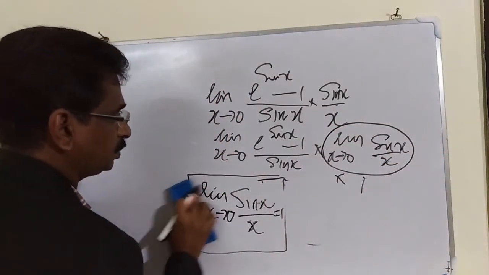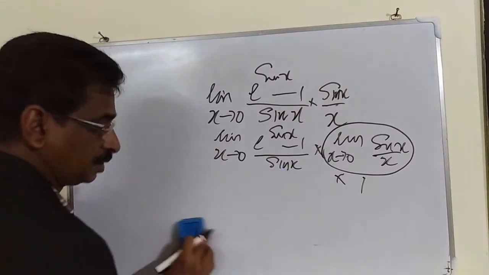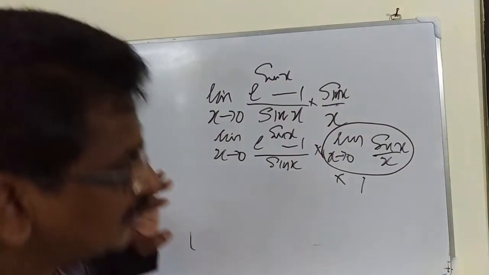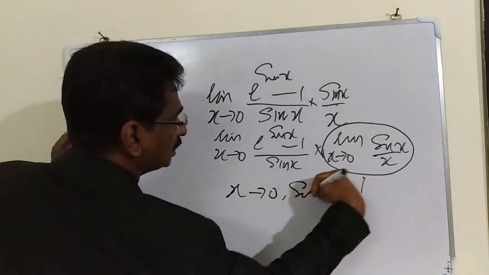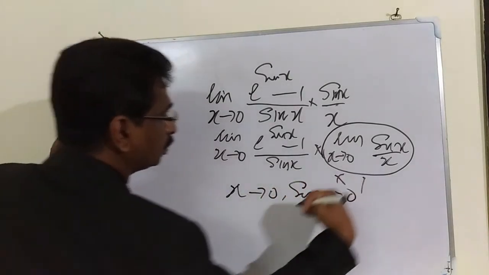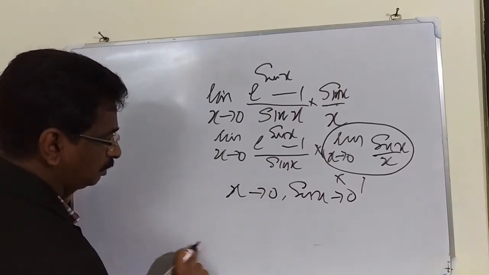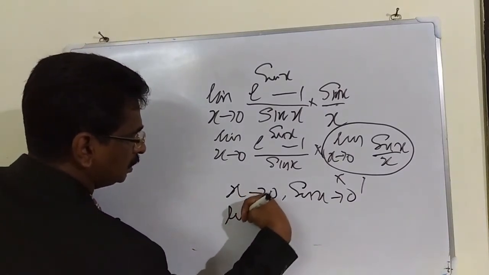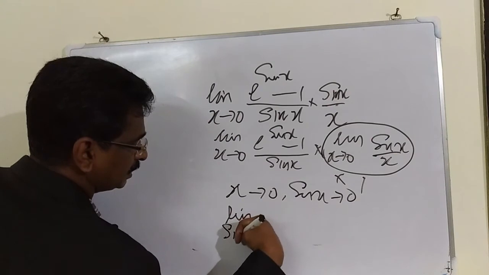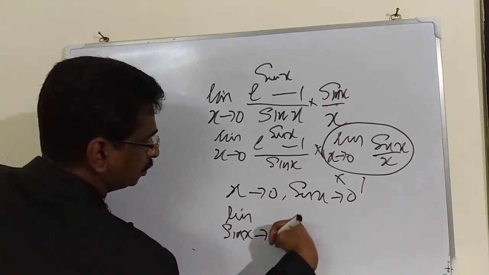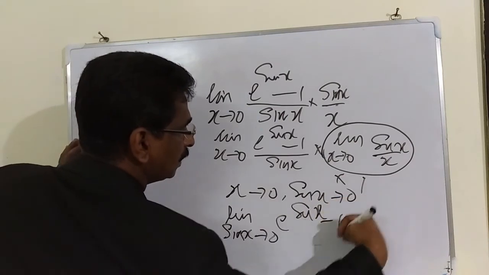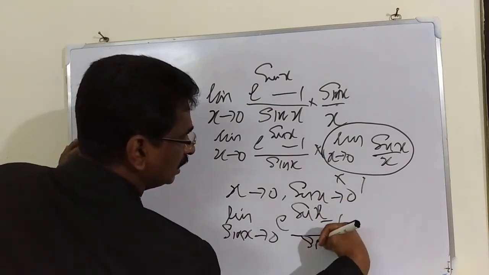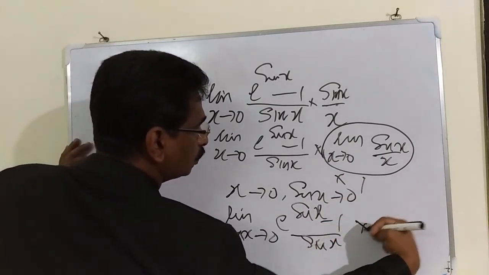The second part, limit x tends to 0 of sin x by x, is always 1. When x tends to 0, sin x tends to 0. So this can be written as limit sin x tends to 0 of (e raised to sin x minus 1) by sin x, into 1.